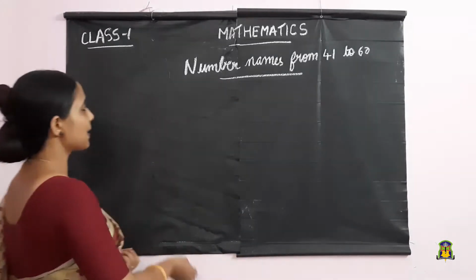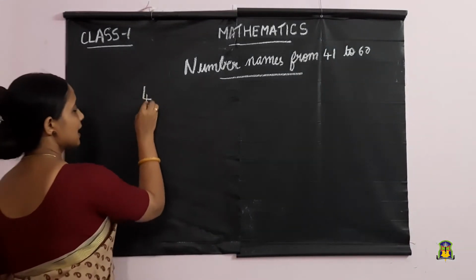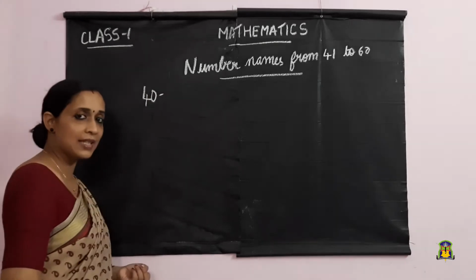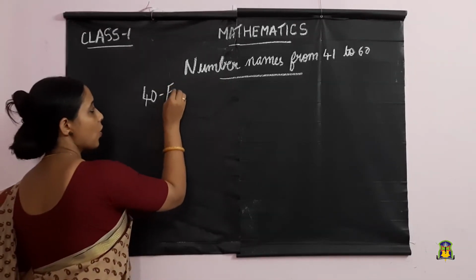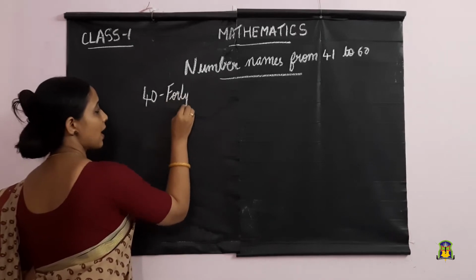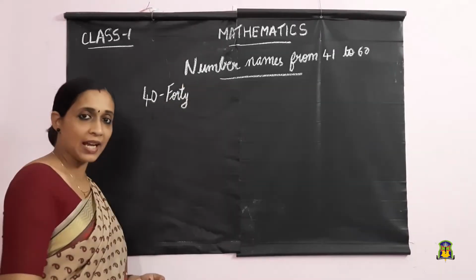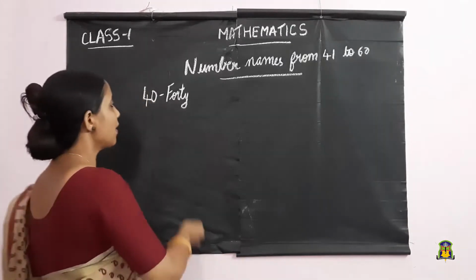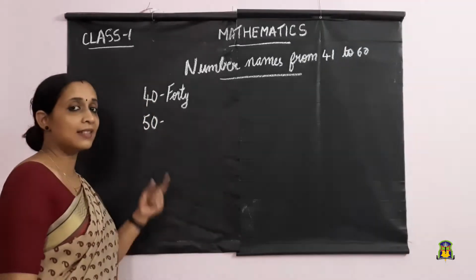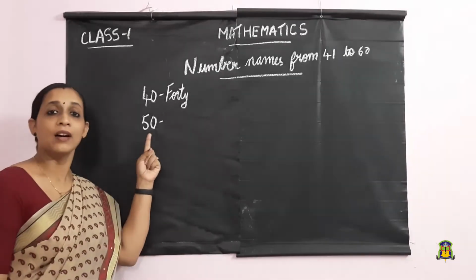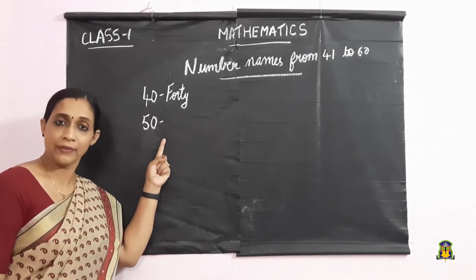Now children, tell me what's the spelling of 40? In previous class we already learned this. F-O-R-T-Y, 40. Right? And what is the spelling of 50? See, how will you write 50? 5 followed by 0 is 50.